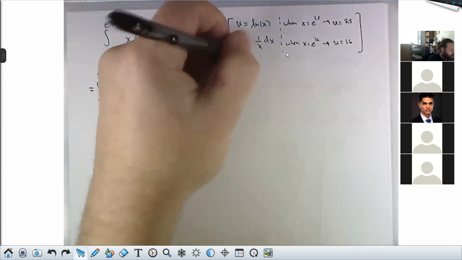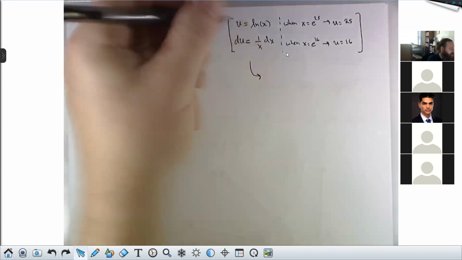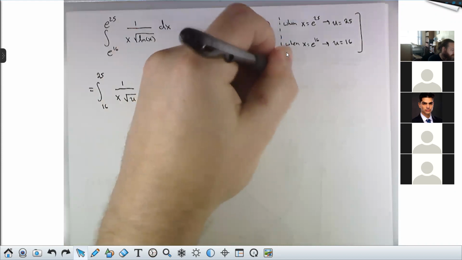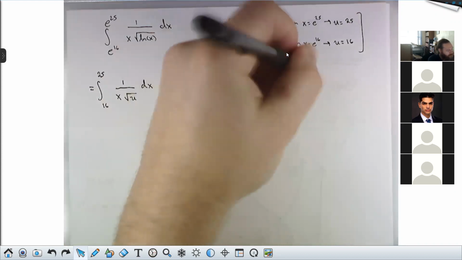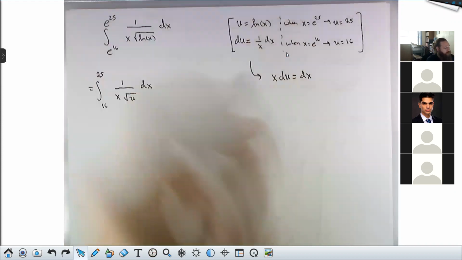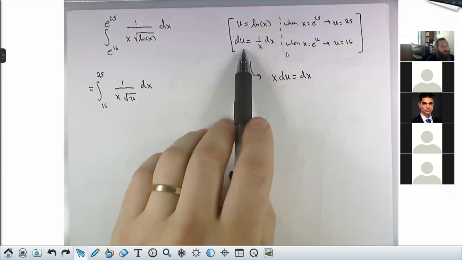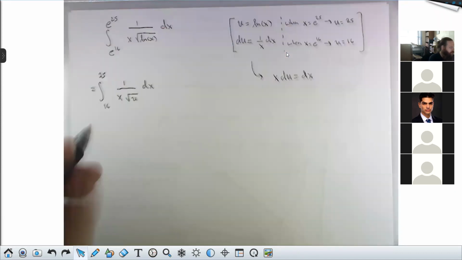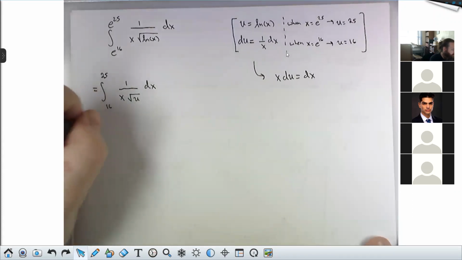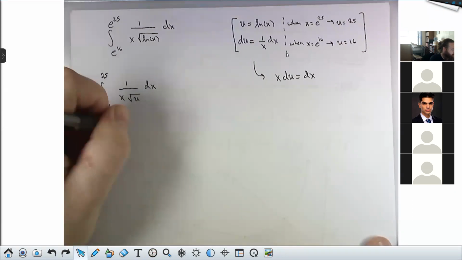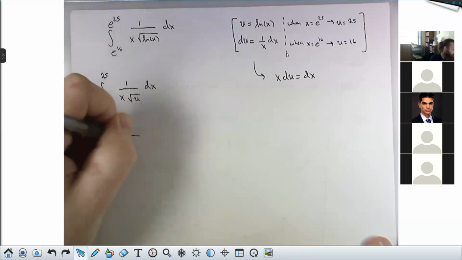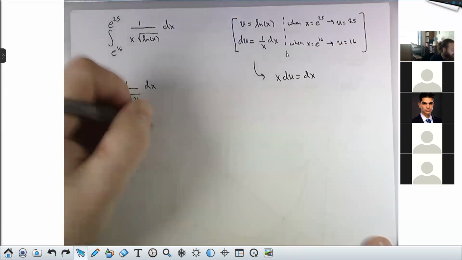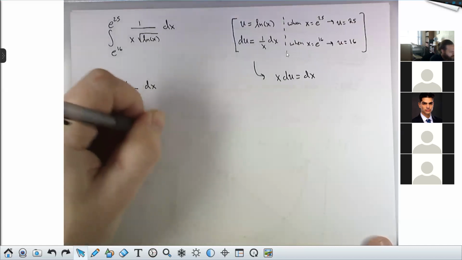So I come back to this differential and I solve it for dx. I get x times du is equal to dx, and I just multiplied both sides by x. Over here they cancel. Over here I get x du. So in place of that dx, I can write x du. Everything else stays the same. Integral 16 to 25 of 1 over x square root of u, x du.